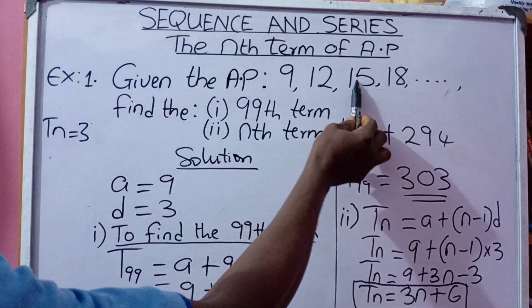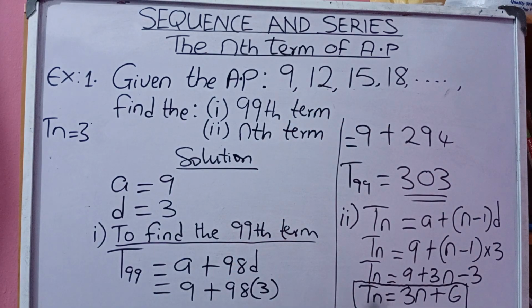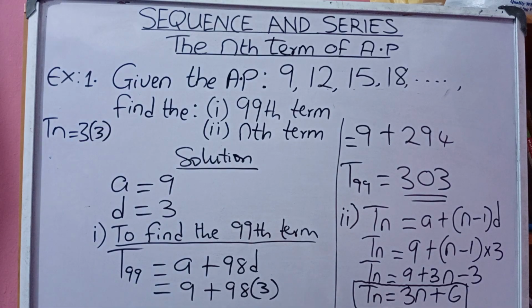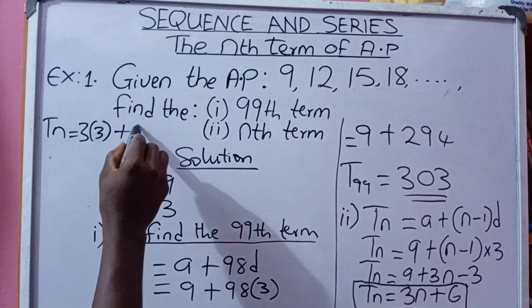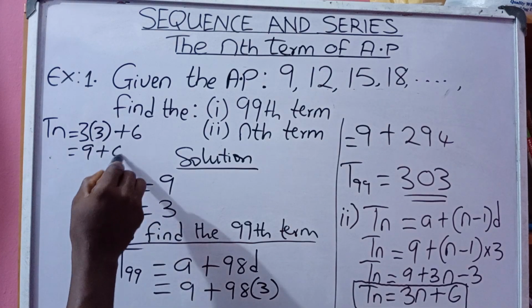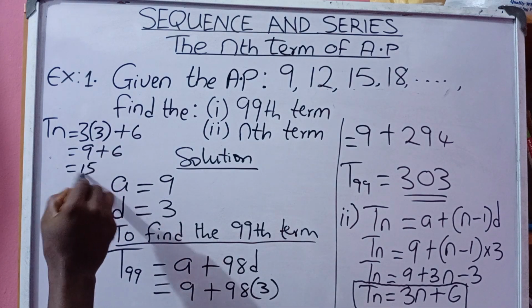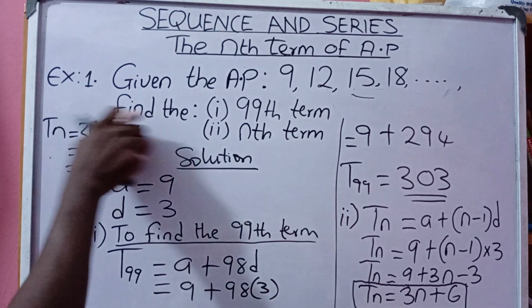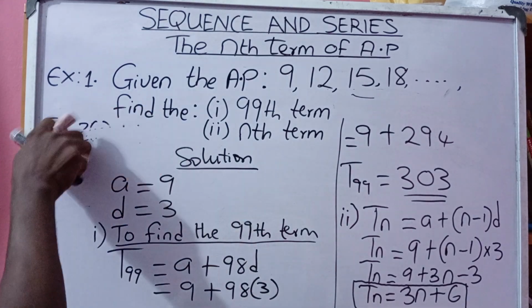Remember n represents the number of the term. That's a 3 now, plus 6. That will give us 3 times 3 will give us 9 plus 6, and that will give us 15. That same 15 that we have here. So the nth term can also help us to get the subsequent terms of that particular AP given. I hope this is clear enough.